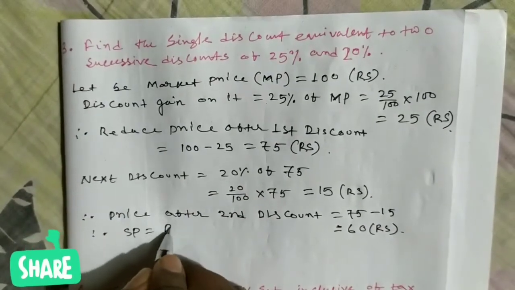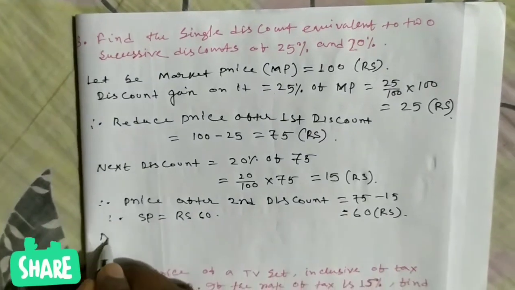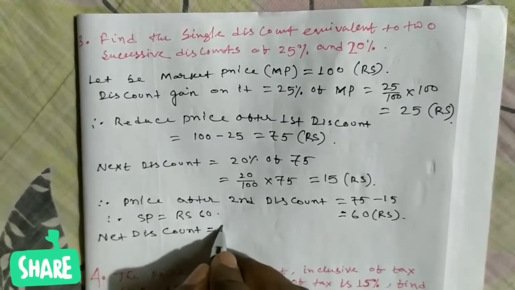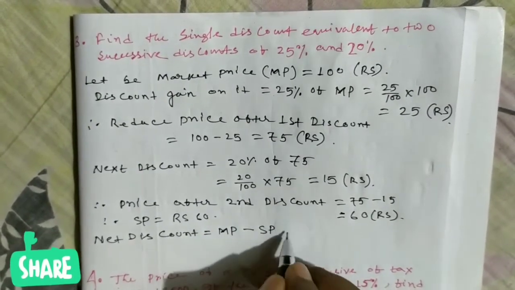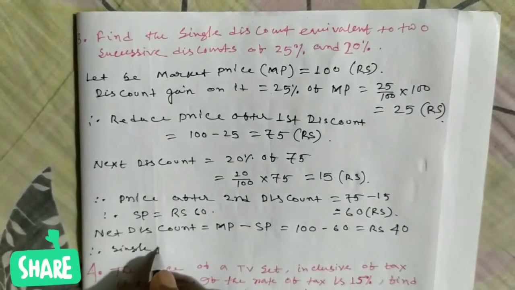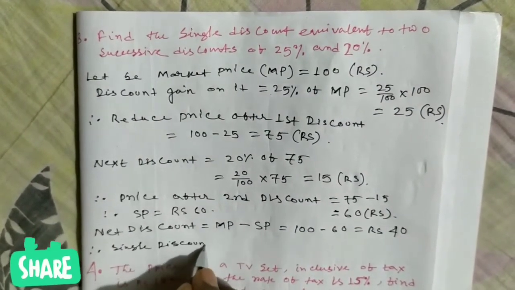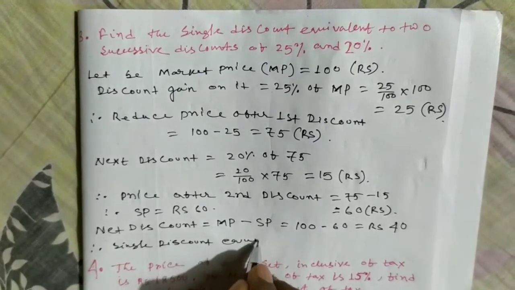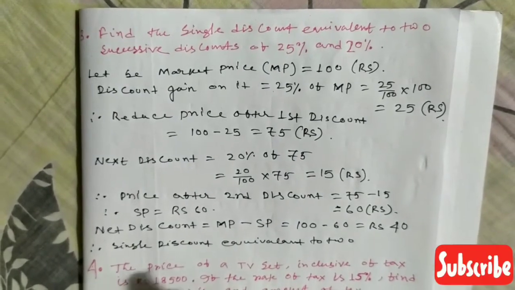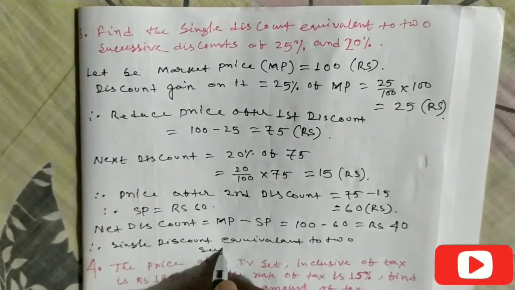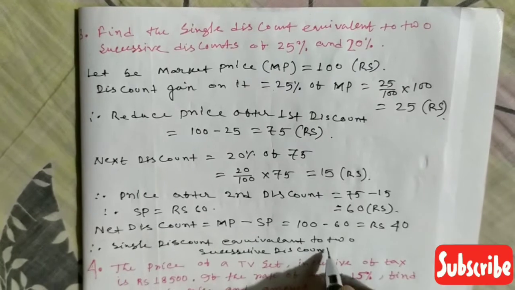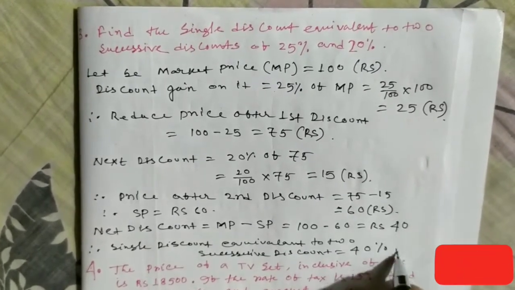SP is equal to ₹60. Net discount is market price minus sell price, which is ₹40. So single discount equivalent to two successive discounts is equal to 40%. This is the answer.